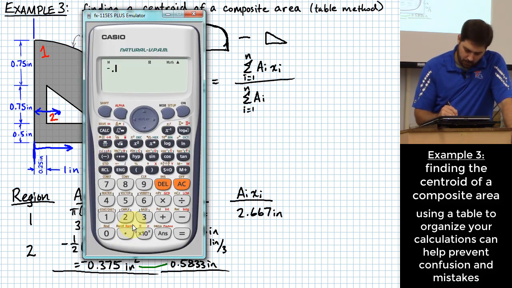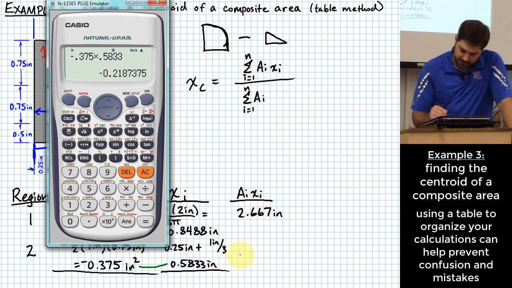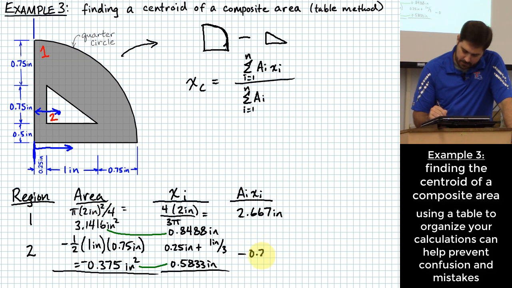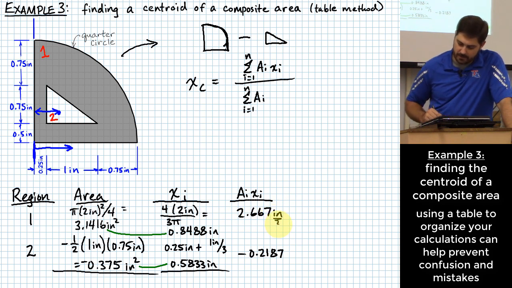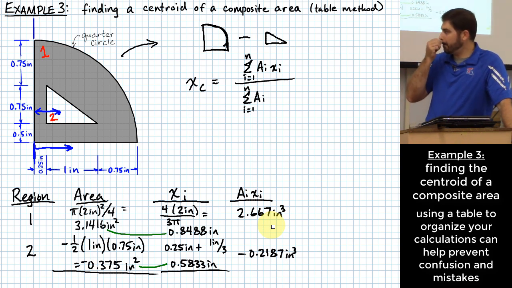Negative 0.375 times 0.5833 gives me negative, what was it? 0.2187. And up here, what should I have put for my units? These units aren't right. Okay, inches cubed is what that comes out to be.